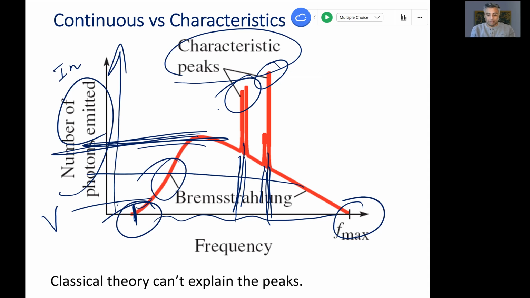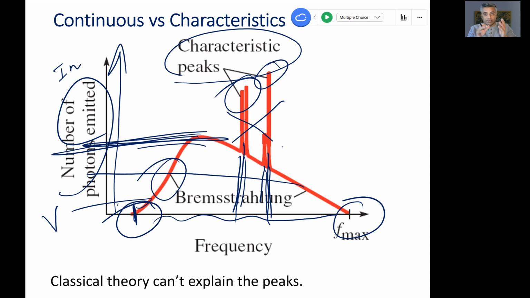Without knowing how electrons are at a discrete level when they are going around the nucleus, we cannot explain that, okay?